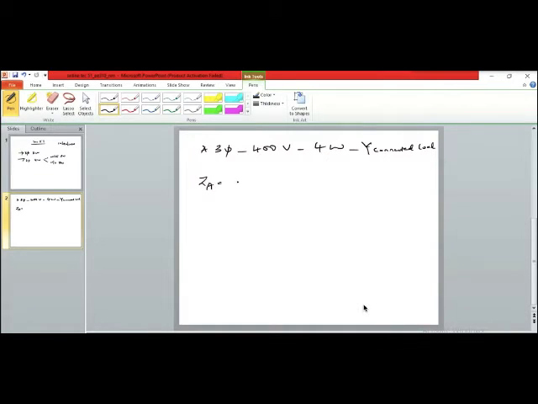ZA is equal to 10 ohms, ZB is equal to 50 plus J10 ohms, ZC is equal to 0 plus J5 ohms.